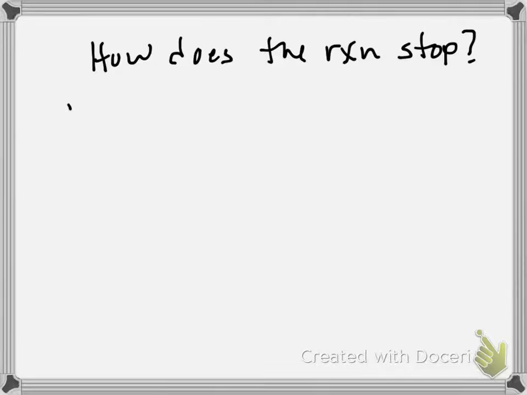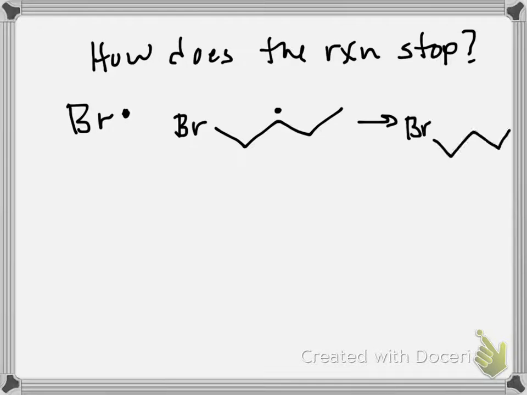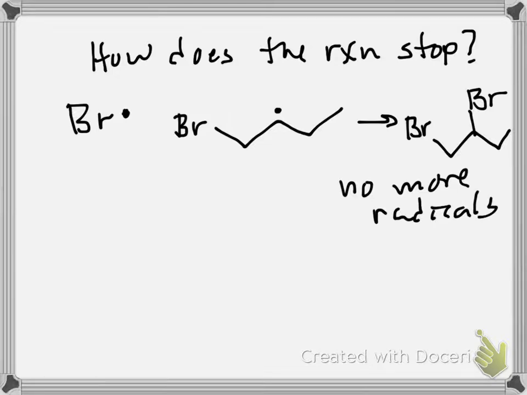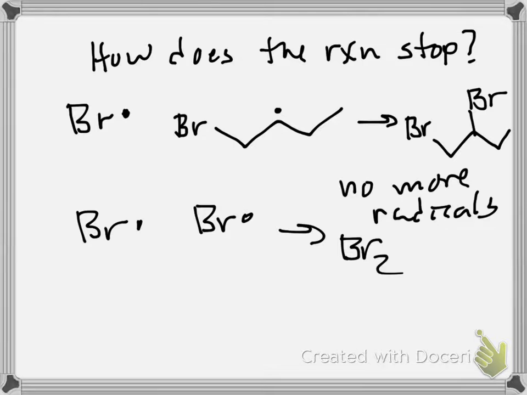So for instance, if a bromine radical encounters one of the carbon radicals, the reaction will stop because now there are no more radicals. Bromine could encounter another bromine radical and form Br2.